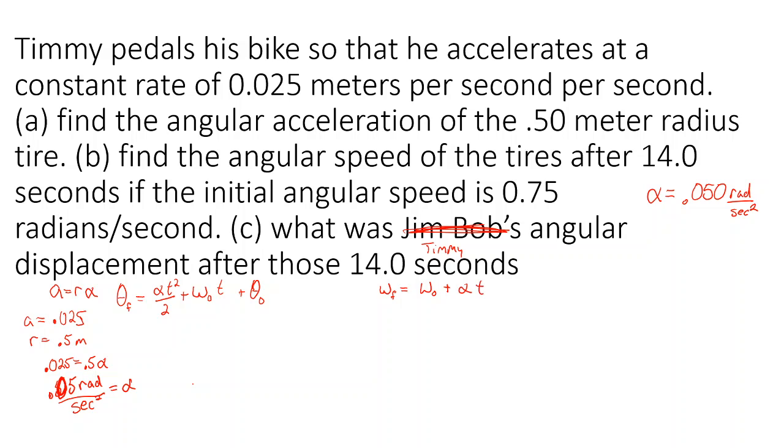Angular speed plus angular acceleration times time. So our initial angular speed is 0.75. Our angular acceleration is 0.05. And the time is 14 seconds. All right, so we can get our handy calculator. 0.05 times 14 is 0.7 plus 0.75.